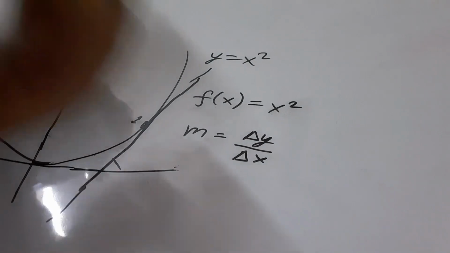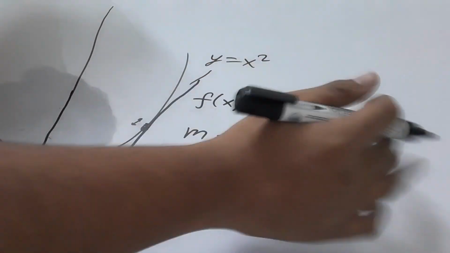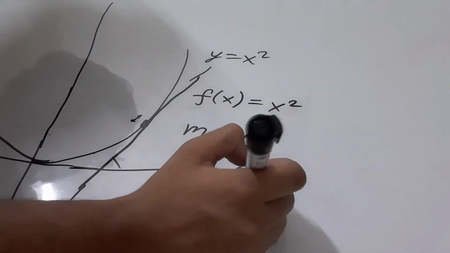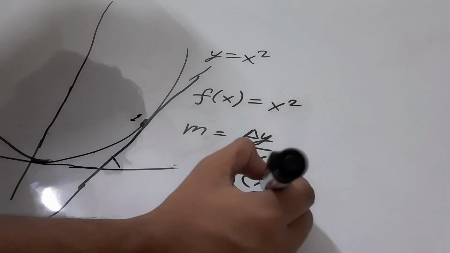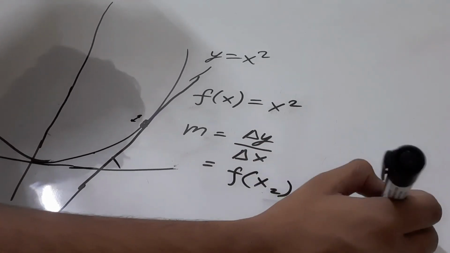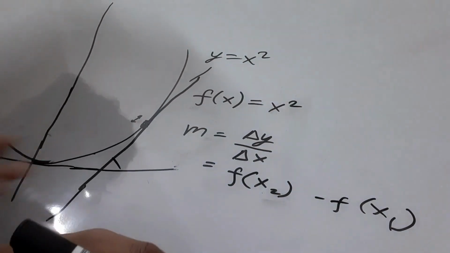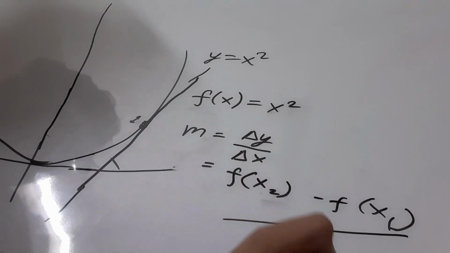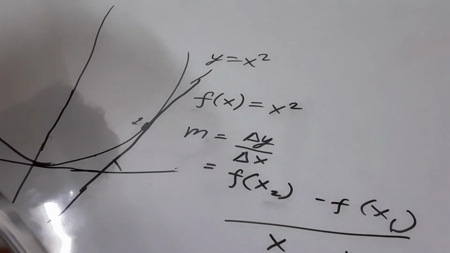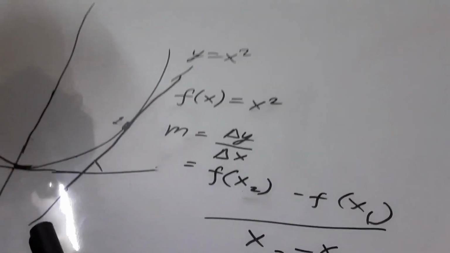So this should be f of x2 minus f of x1, where x2 and x1 are different values of x, divided by x2 minus x1. You guys can see it now. Okay.